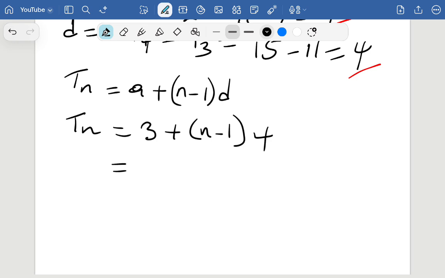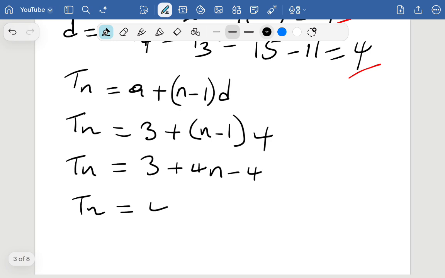Then from there, we'll say 3 plus, multiply the 4 inside: 4 multiplied by n, we get 4n. 4 multiplied by negative 1, you get negative 4. Then Tn will be equal to 4n, and 3 minus 4 you get negative 1.